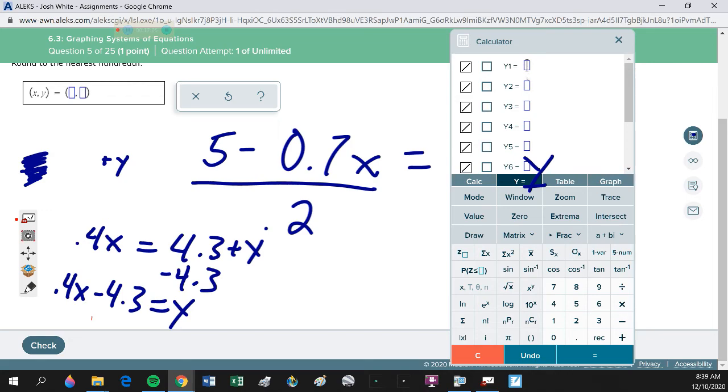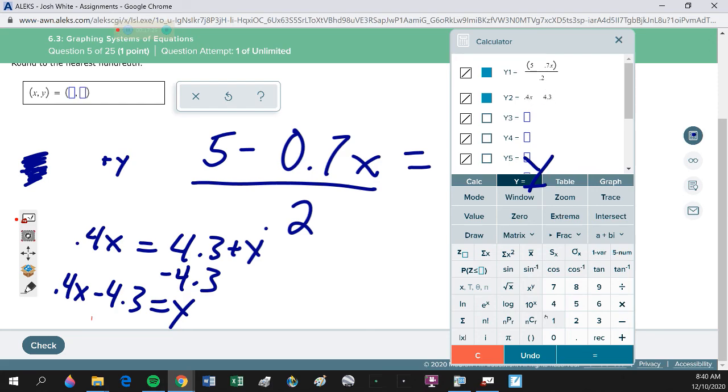Now the first one, I need to put parentheses around it because it's the top half of a fraction. So 5 minus 0.7x. And then I want to divide that by 0.2. And then the other one is just 0.4x minus 4.3.